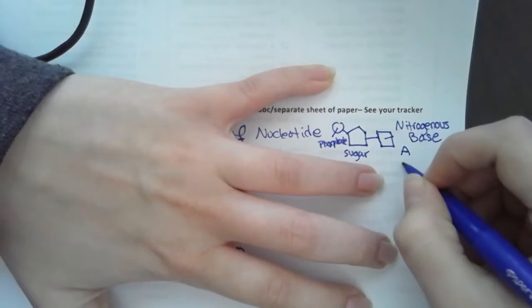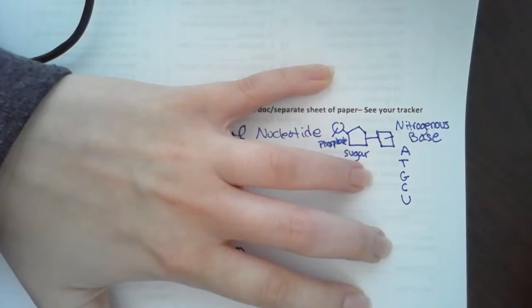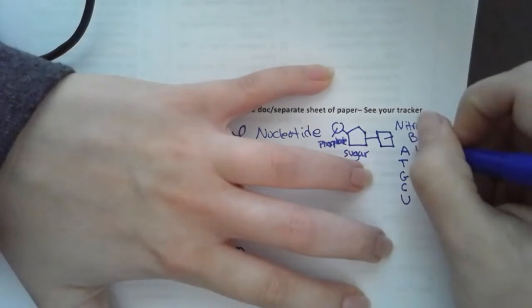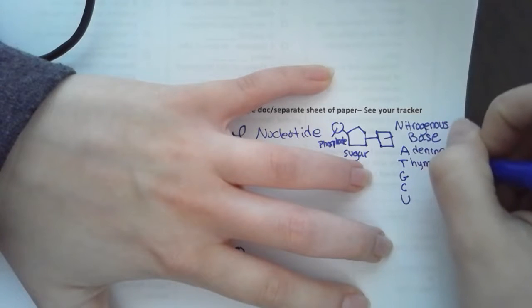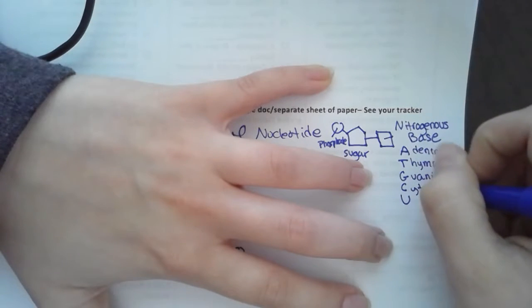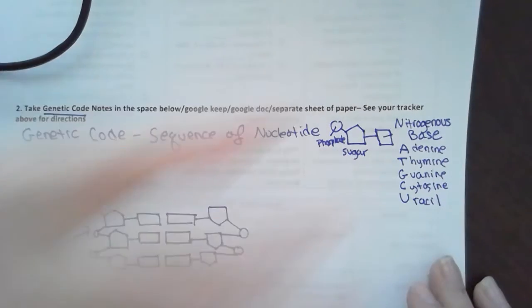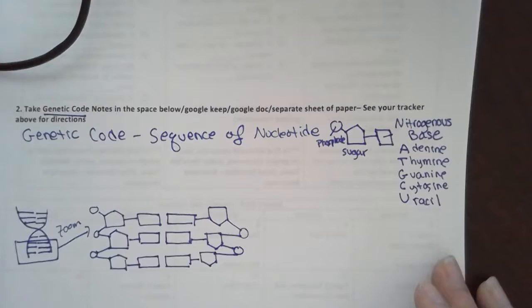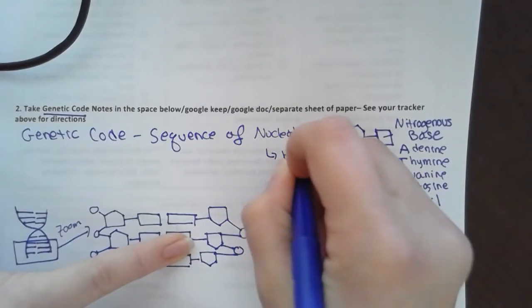That's adenine, thymine, guanine, cytosine, and uracil.